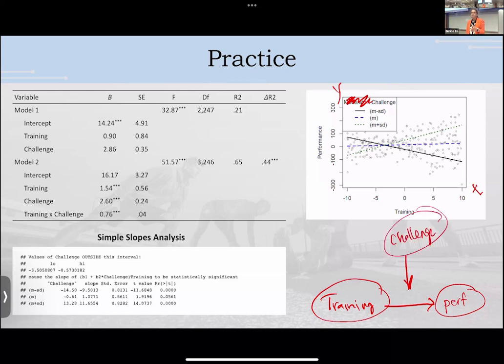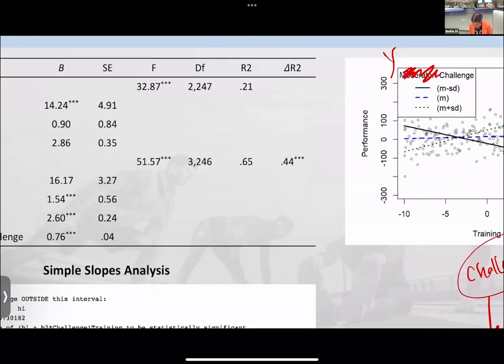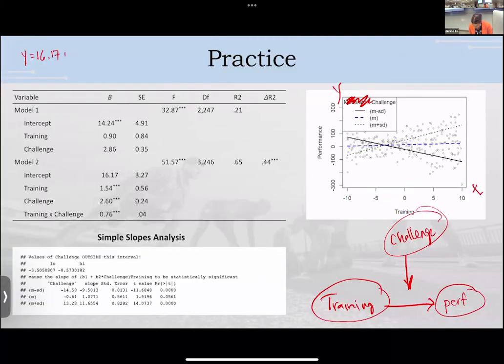That's critical to understand your model, because the interaction term is flippable. So if we write out this equation, the moderator model: y equals 16.17 plus 1.54 training plus 2.60 challenge plus 0.76 training times challenge.